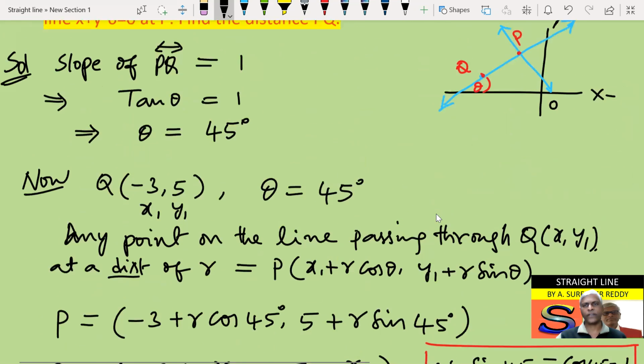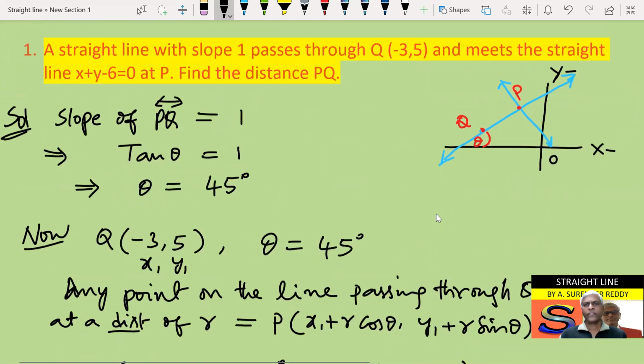You can see the figure. This P is on both the lines. The other line is given as x plus y minus 6.